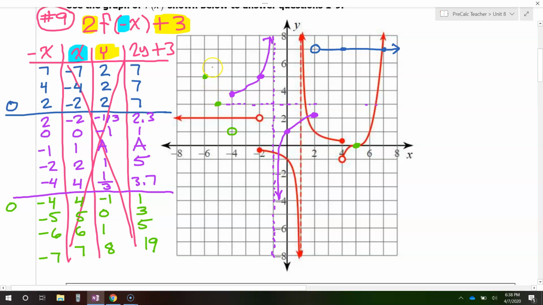So please keep in mind that this is going to be an inflection point. So when you do your curve, don't just draw the line straight through like that. That's not what this did. This graph has a nice inflection point. It curves one way, and then it has the inflection point, and then it curves the other way.